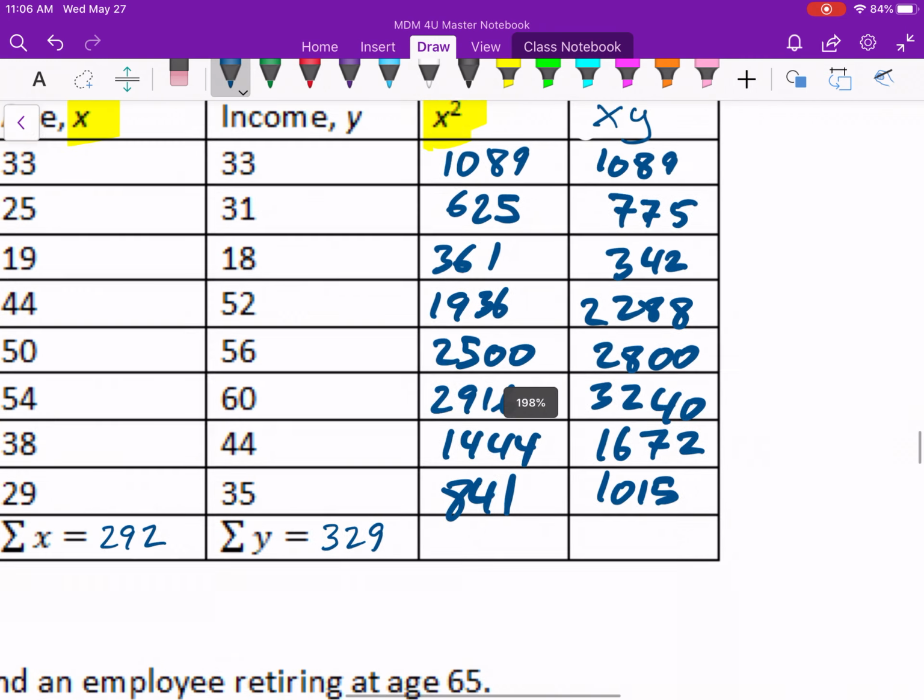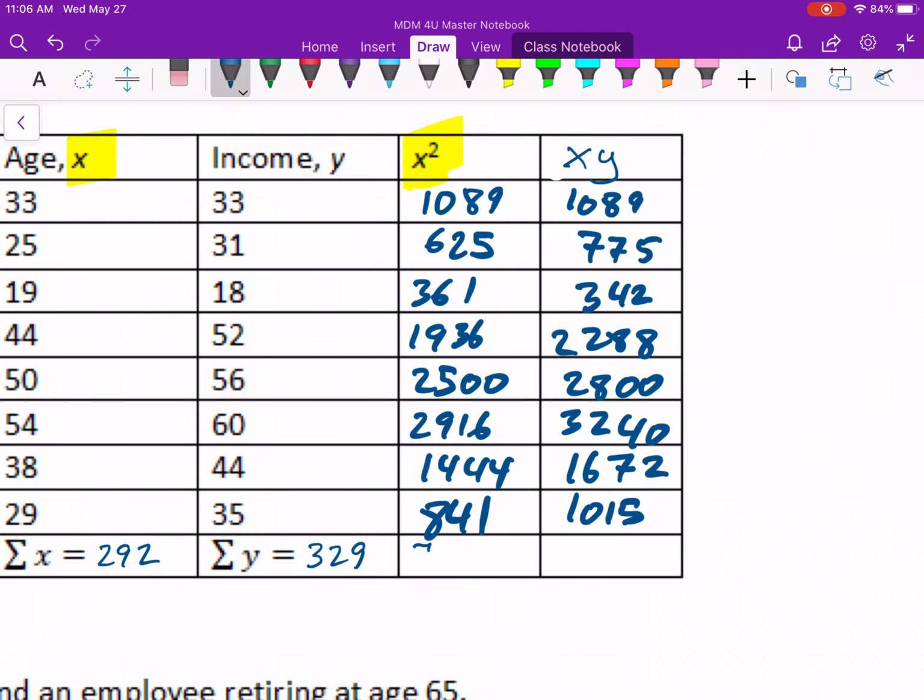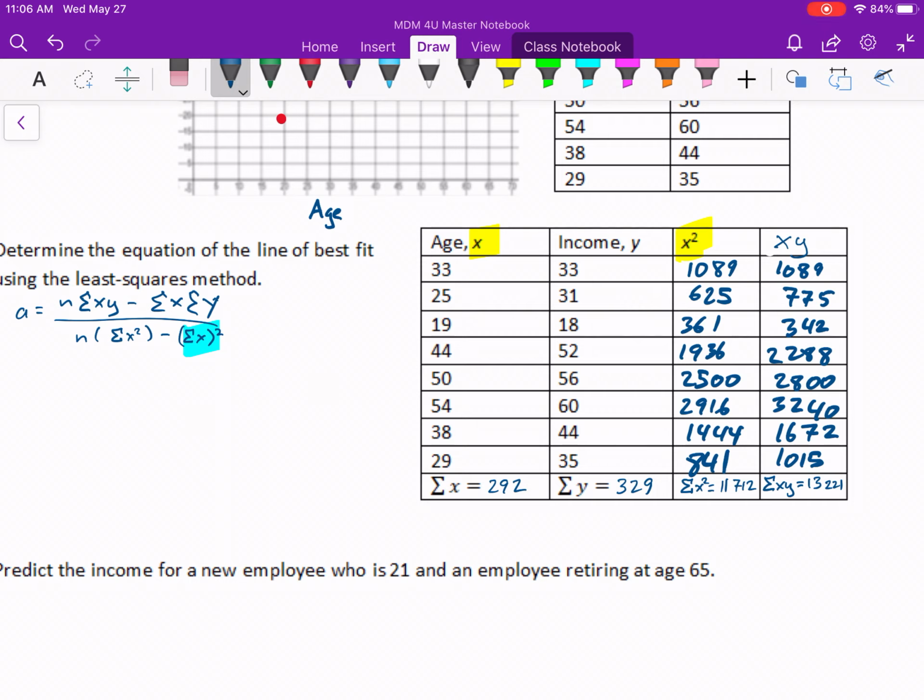If we add up all the x squareds, we get 11,712. And if we add up all the x times y's, we get 13,221. And now it's just a matter of putting everything in its appropriate spot. By the way, there's 8 employees here, right? 1, 2, 3, 4, 5, 6, 7, 8. So n is equal to 8.